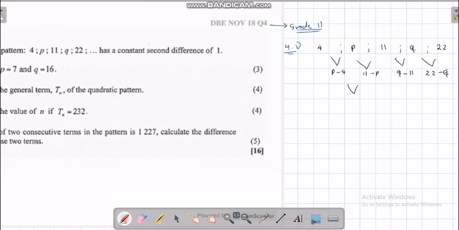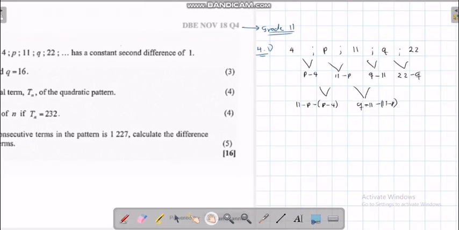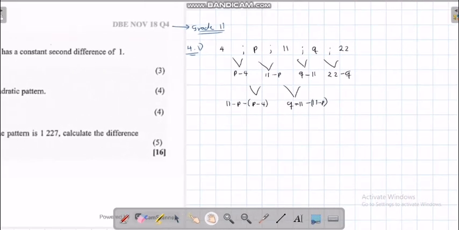Then the second difference is 11 minus p minus (p minus 4), and then q minus 11 minus (11 minus p), and the other one, 22 minus q minus (q minus 11).